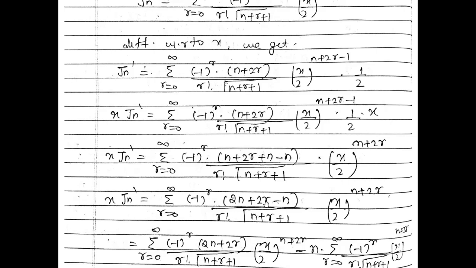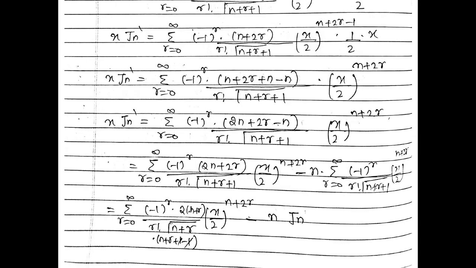So 2n plus 2r minus n upon, same as it is, x by 2 to the power n plus 2r. So we can write this step again, 2n plus 2r term one side and minus n term one side. So after breaking this step, we are getting r equal to 0 to infinity this step, x by 2 to the power n plus 2r, minus n this one, right?